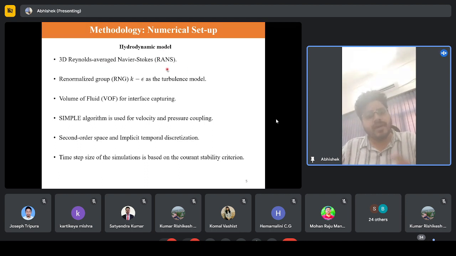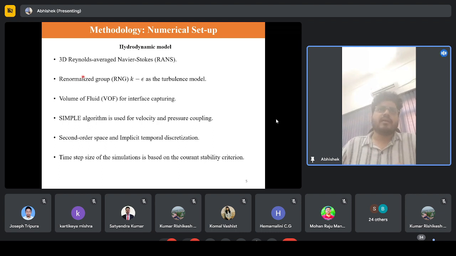We can use many other models like LES model, DES model, or sometimes we use 2D model. 3D models are time consuming, resource consuming, and sometimes it doesn't provide better results. So instead of going for the 3D model, generally those who are working in the area of river engineering prefer to choose 2D model because they are less time consuming.